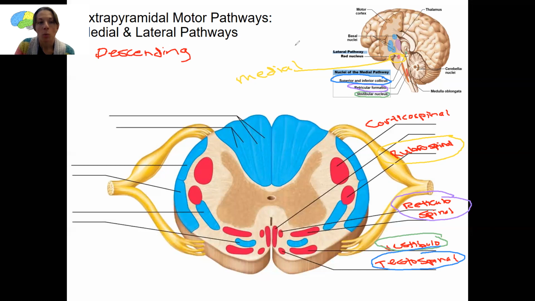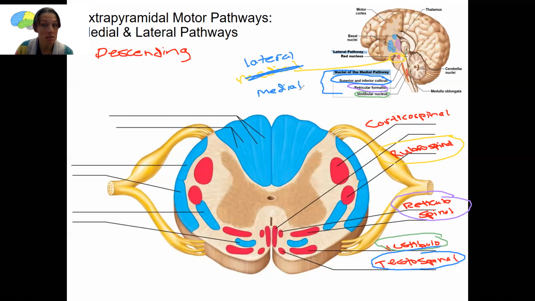I'm going to show you one of these pathways. I'm sorry, one last thing. These last three then, I have it right here. Oh, I said that wrong before. This is your lateral pathway. These are three of the medial pathway. Sorry about that.